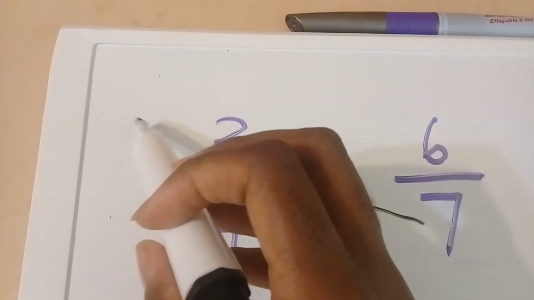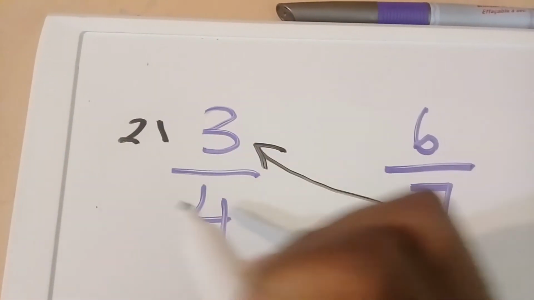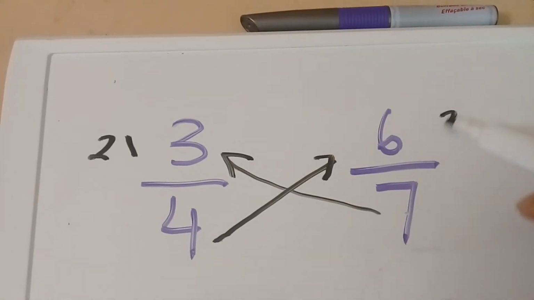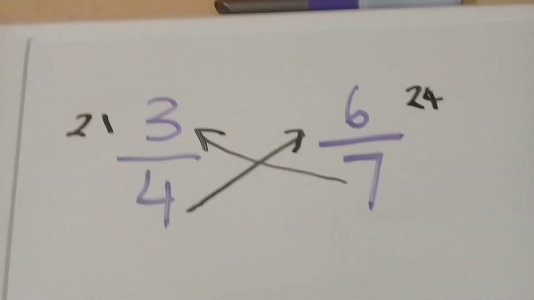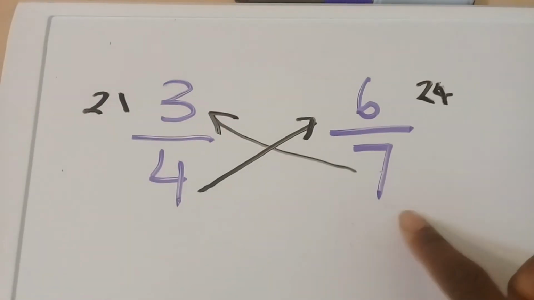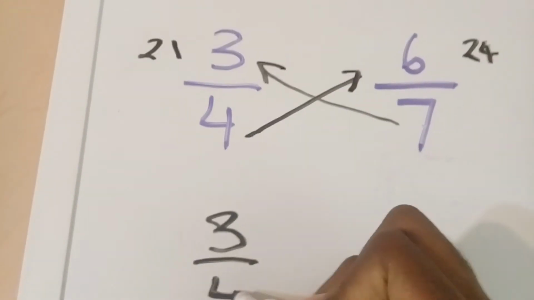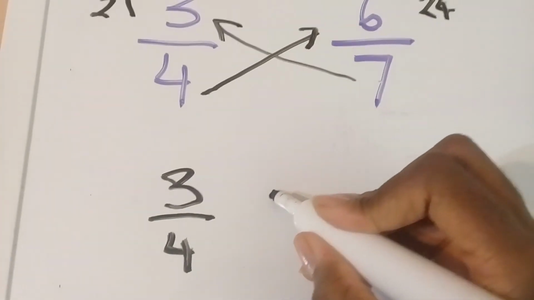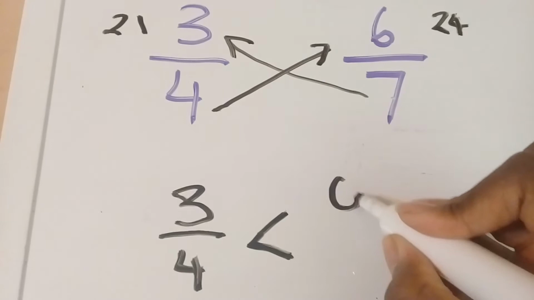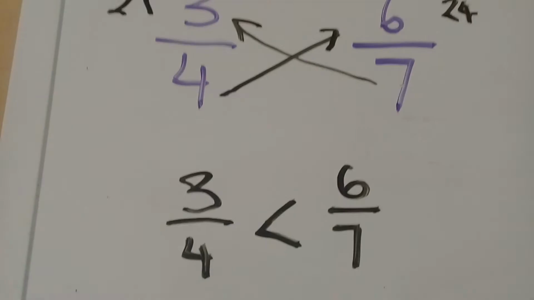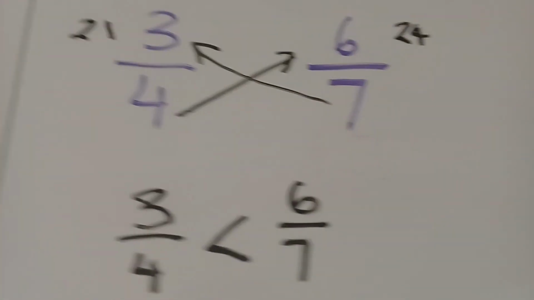Moving upward, 7 times 3 gives me 21. And I'll cross the other way. 4 times 6 gives me 24. Well, which side is bigger? 6/7. That means when I do my final answer, I can confidently say 3/4 is less than 6/7, or 6/7 is greater than 3/4.